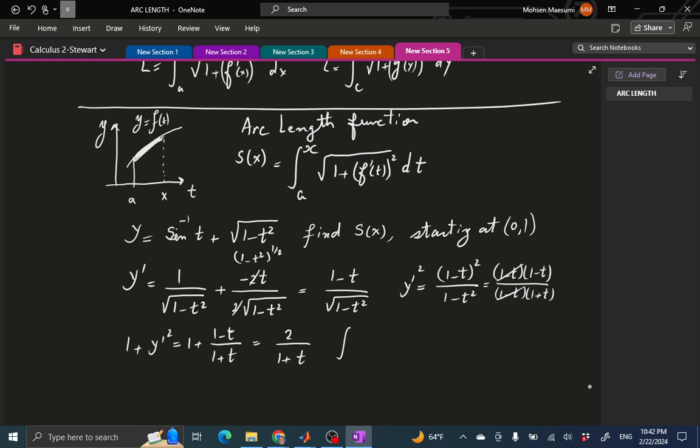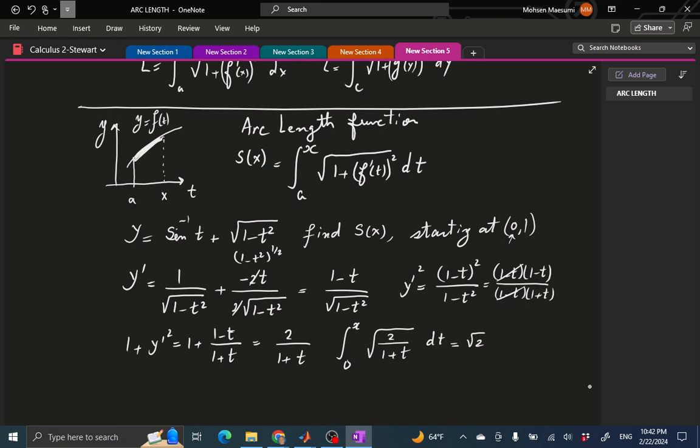So the integral from 0 to x of the square root of this, what is that going to be? Let's factor this.